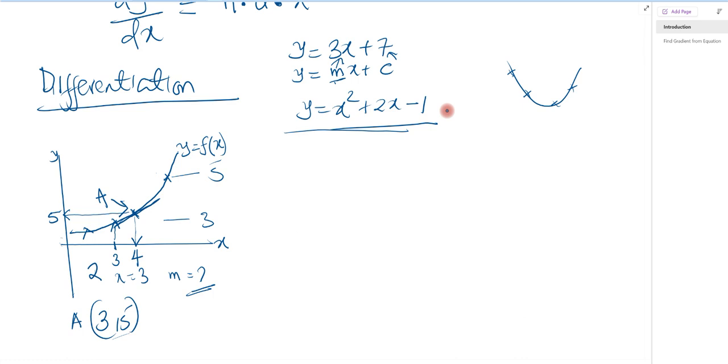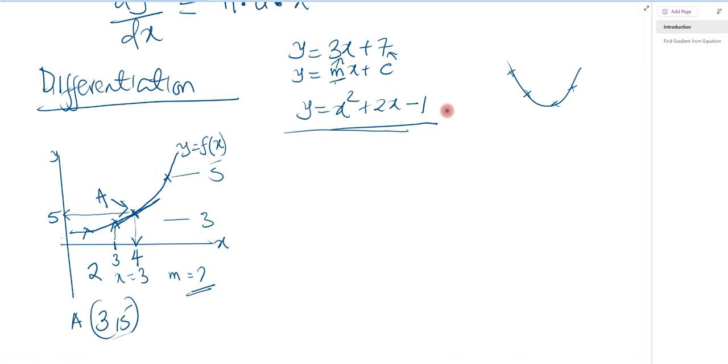So if I can find the gradient of this line here, then that should give me the gradient of this curve at this point, because this line is parallel. But again, we don't want to go into the issue of trying to find this line and its equation. So what we can do is make some assumptions.